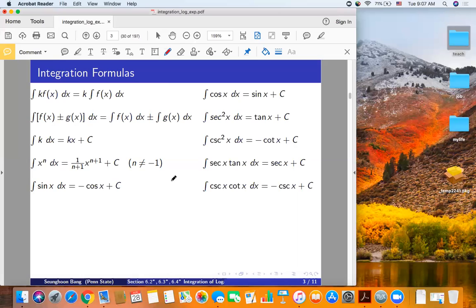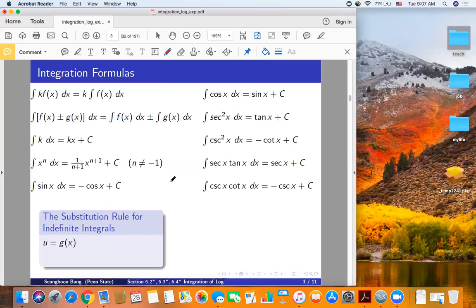You need to memorize these basic integration formulas. You need two more, which are very important. The substitution rule for indefinite integrals: u equals g(x), du equals g prime of x dx. The integral of f(g(x)) g prime of x dx is the integral of f(u) du. This is u-substitution. The problem is given like this.